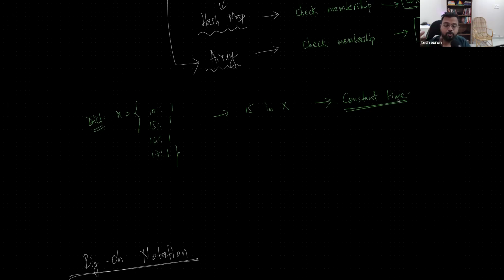Just like in an array we are able to access any element in constant time because of the way it is stored in memory, similarly a hash map is stored in such a way that if we want to check membership, we can do that in constant time. How? That we will see.